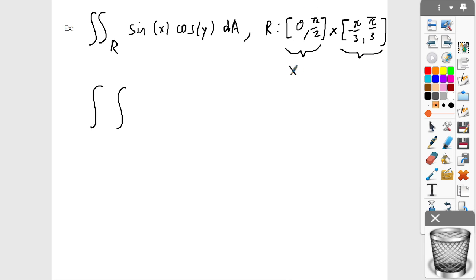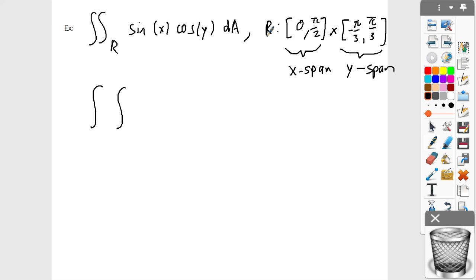This is the x span of the rectangle, the x length, and this is the y span. So we're saying the x's are from 0 to pi over 2, and the y's are from negative pi over 3 to pi over 3. So the rectangle's like this. That's basically it. It's not that hard to understand.